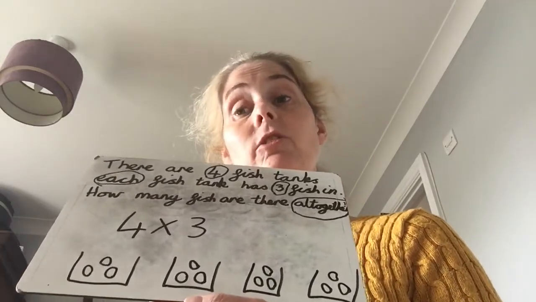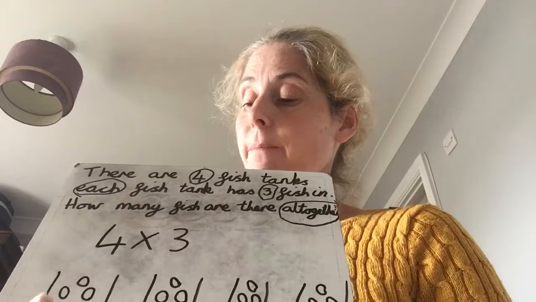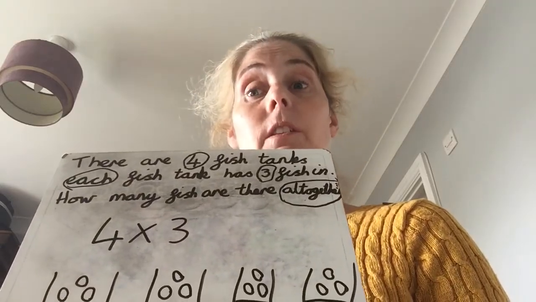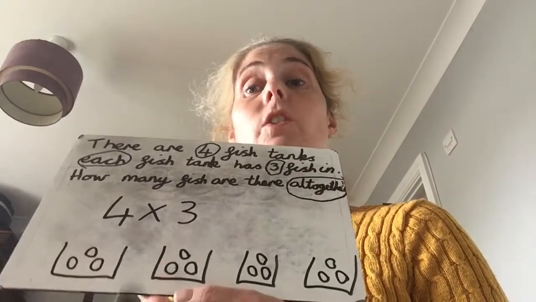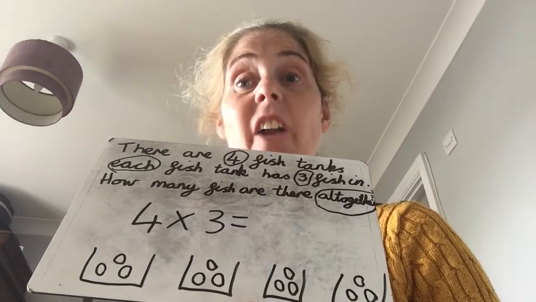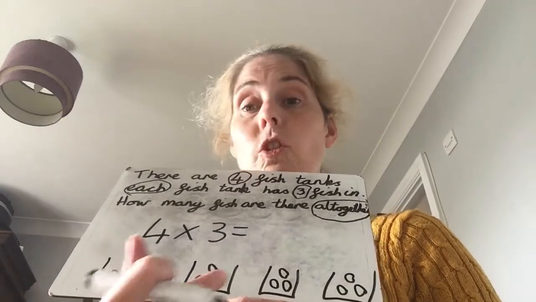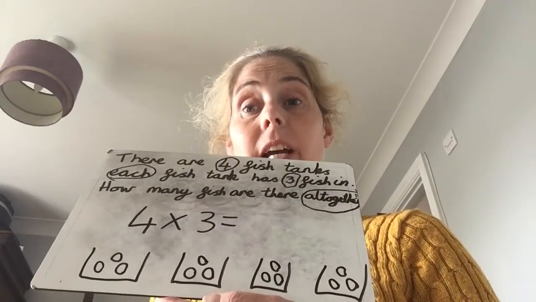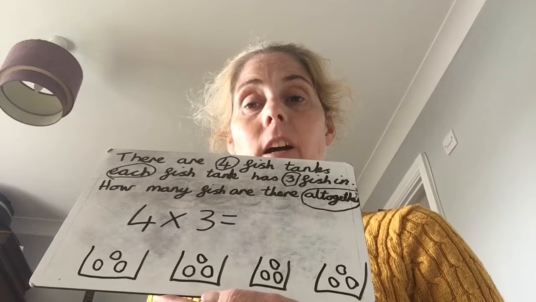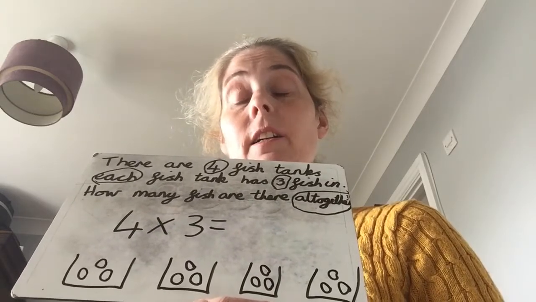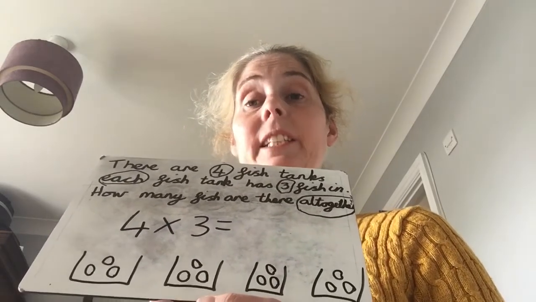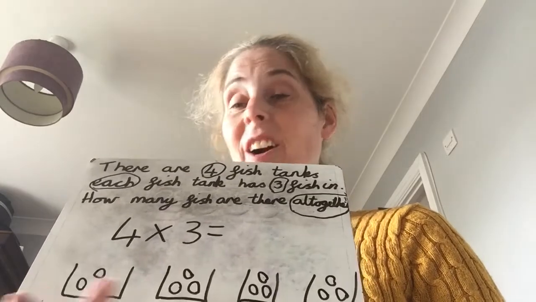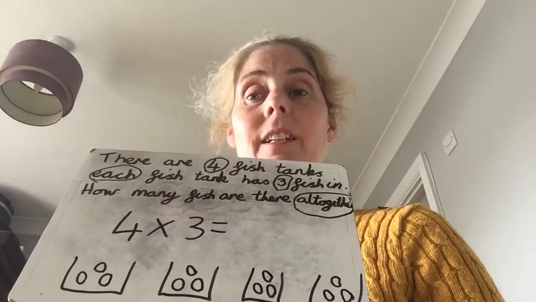And then I can see straight away that I need times, because I've got 4 lots of 3. Okay, so we're doing 4 times 3. And now because I've drawn it out, I don't need to do an array or repeated addition. This is kind of like an array.